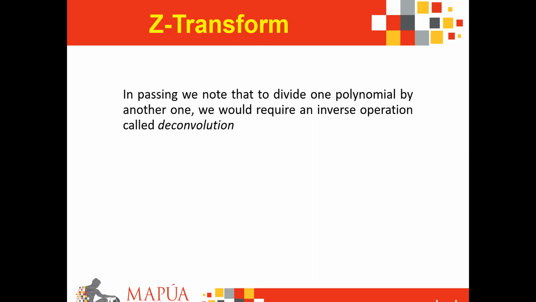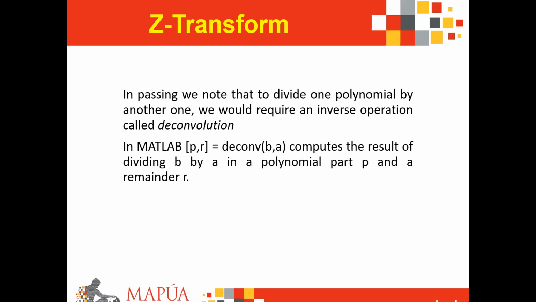Remember, when you're doing convolution, it's like you're multiplying the polynomials, so it's a product. To get one polynomial out of the product, I'll simply divide by the other polynomial. So basically, it's just like polynomial division.